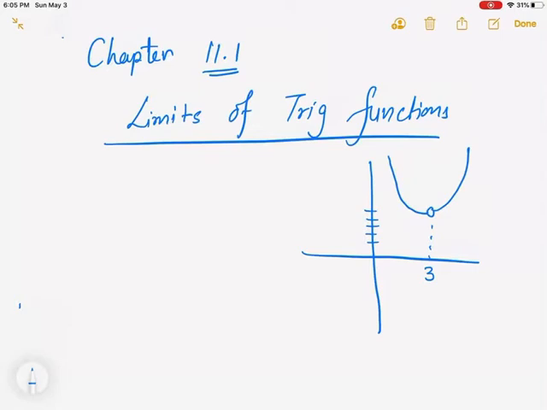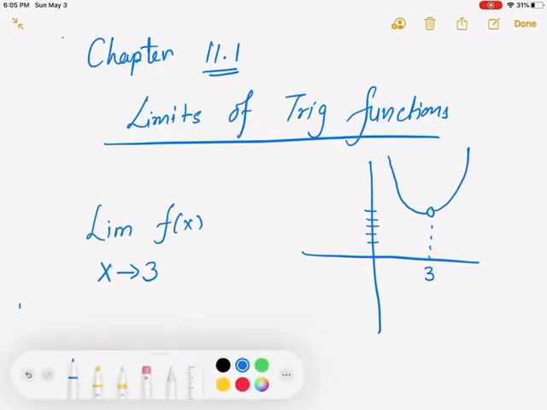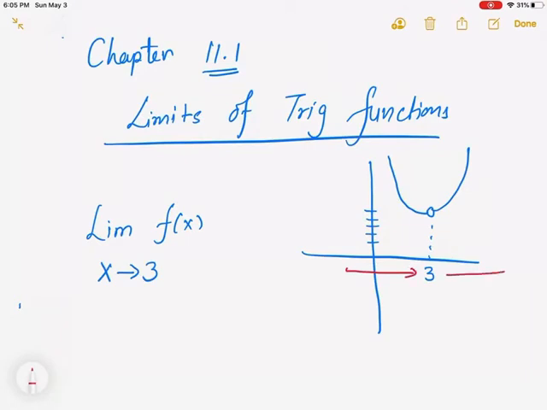So let's say if I ask you limit of this function, I know it's going to be a quadratic function, when x approaches 3, I'm asking you to estimate the value of this function when x is getting closer and closer to 3. So on the graph, once your x value is getting closer and closer to 3, what's the estimated y value corresponding to that number?